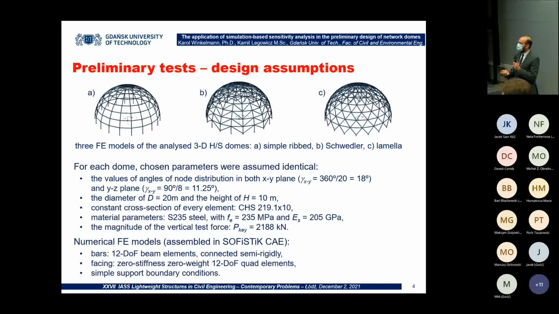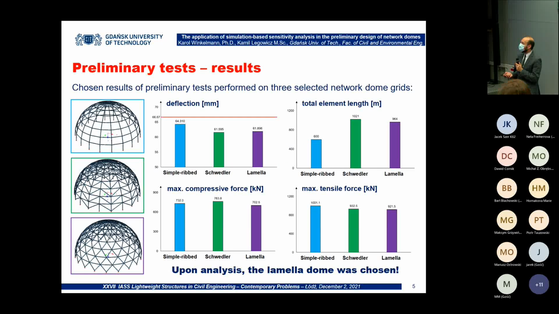First, we put a test force on the key node to assess how the structural response behaves: what are the forces, what are the displacements. In Sophistic, we have made a series of simple analyses upon these test forces, in which we have measured deflection, the maximum compressive and tensile forces, and the maximum stresses.